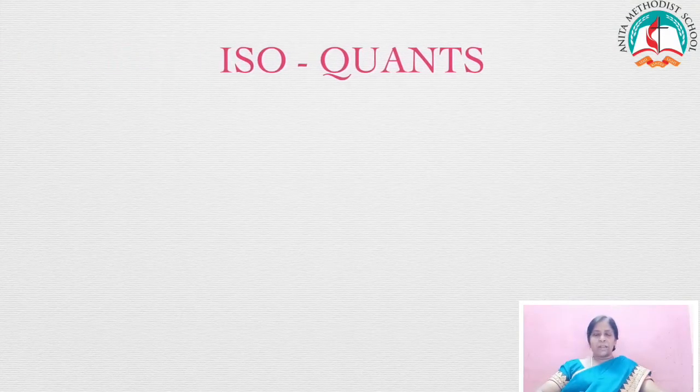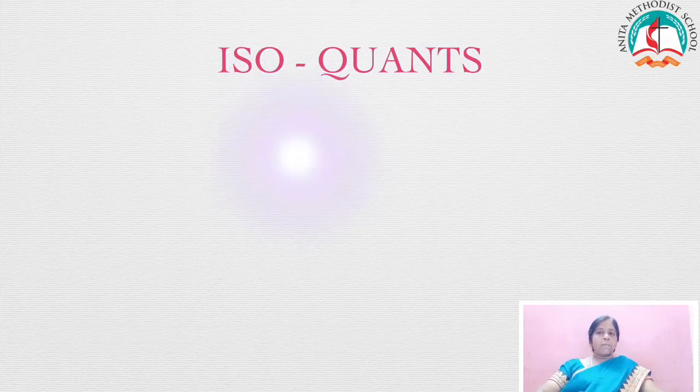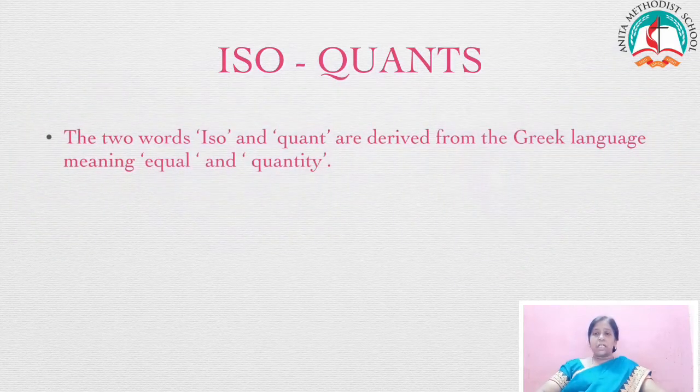Children, today we are going to continue the same lesson, production analysis, and the topic will be isoquants. So let us learn the meaning of isoquants. The two words iso and quant are derived from the Greek language, meaning equal and quantity.